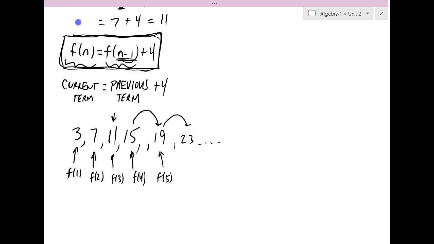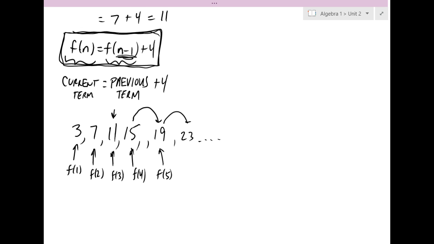Okay, so that is something that is true of all recursive formulas, that if I wanted the 20th term, I wouldn't be able to get the 20th term without knowing the 19th term. And I wouldn't be able to get the 19th term without knowing the 18th term. And I wouldn't be able to get the 18th term without knowing the 17th term, and so on and so on.